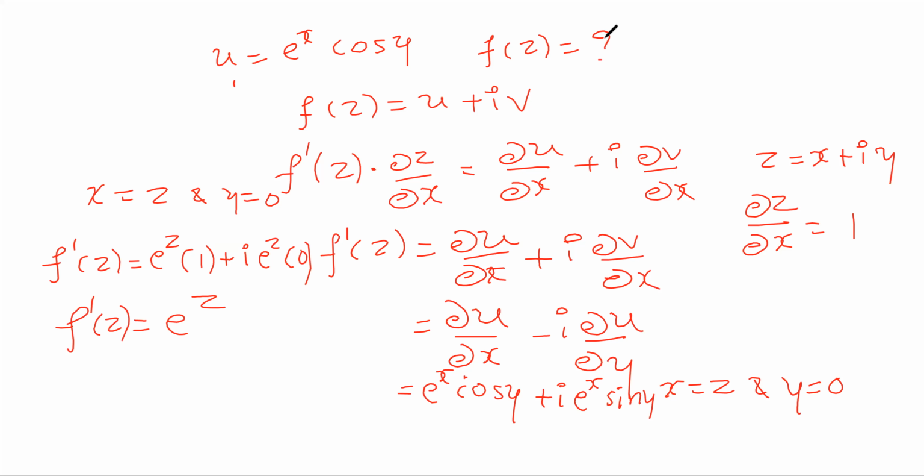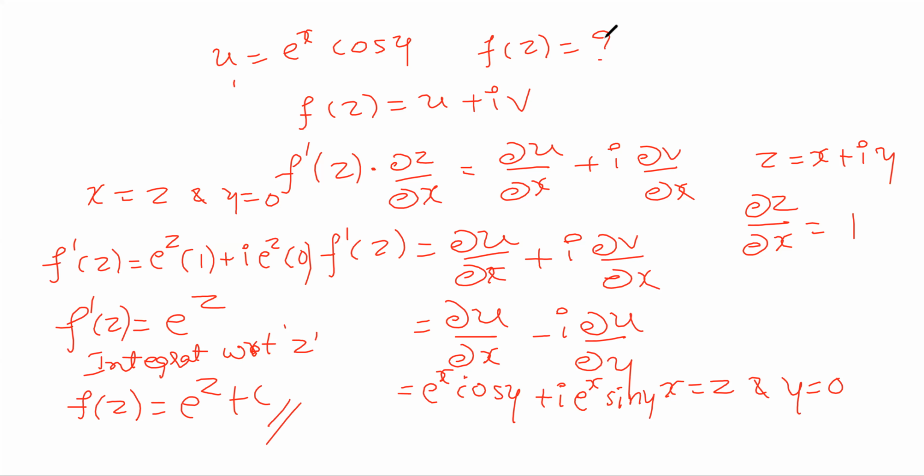Now you integrate this with respect to z. The integration of f dash of z is f of z, which equals e power z plus a constant. So this is the required analytic function, right? Understood?